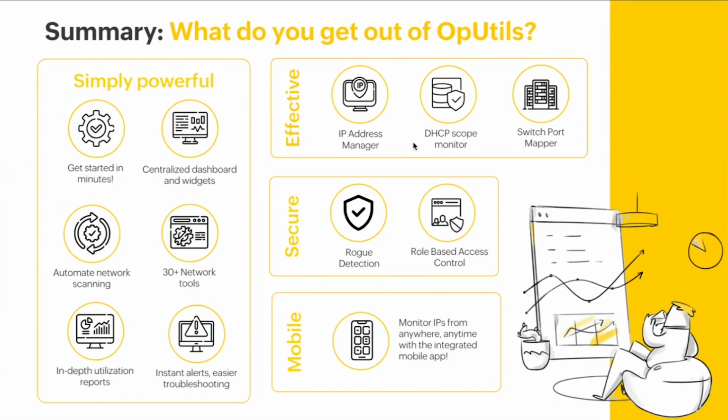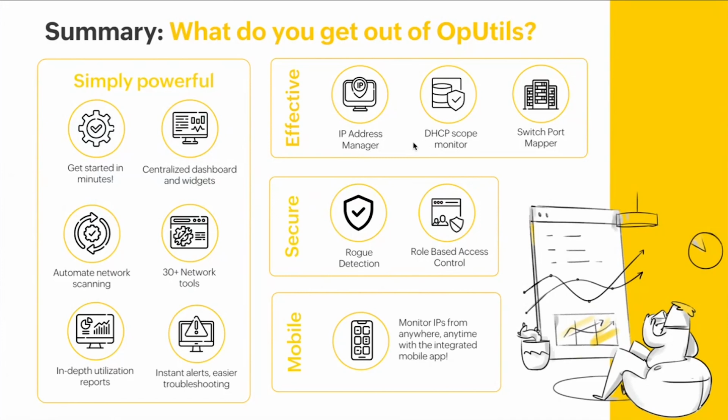OpUtils has more than 30 network tools, so you don't have to switch between different tools to manage and monitor your network. We also have in-depth utilization reports and instant alerts to keep you updated with real-time insights of your network nodes, which will help you monitor and troubleshoot your network with ease.